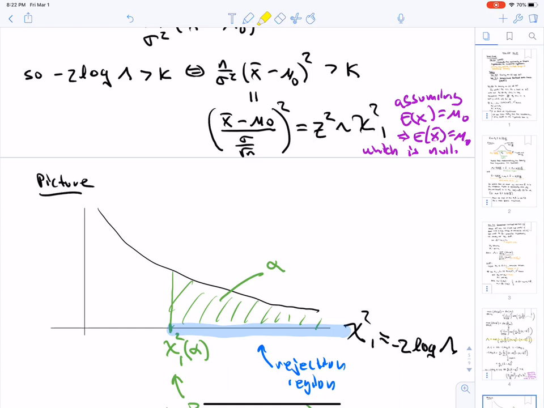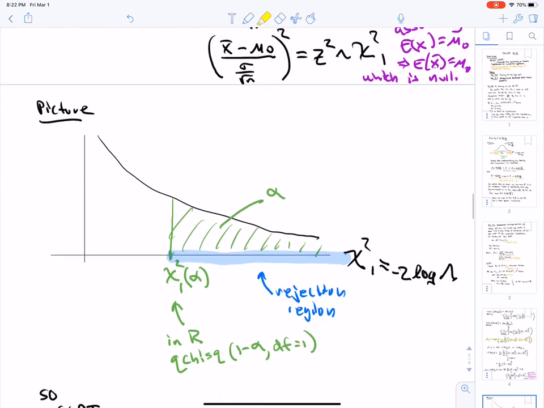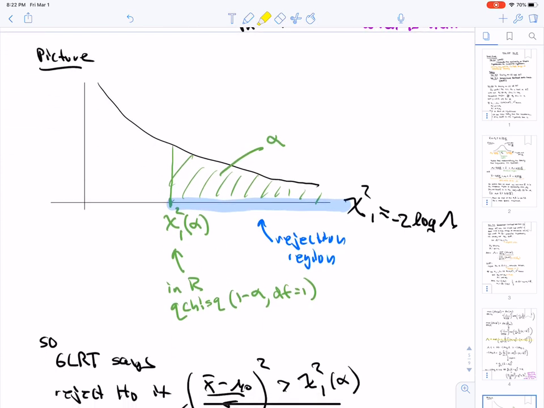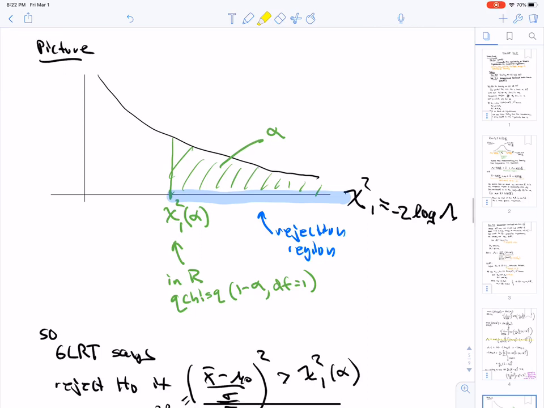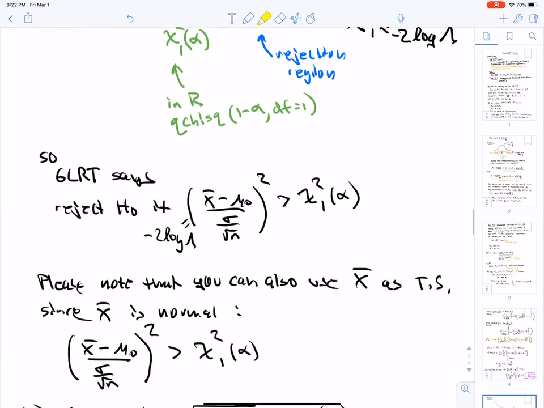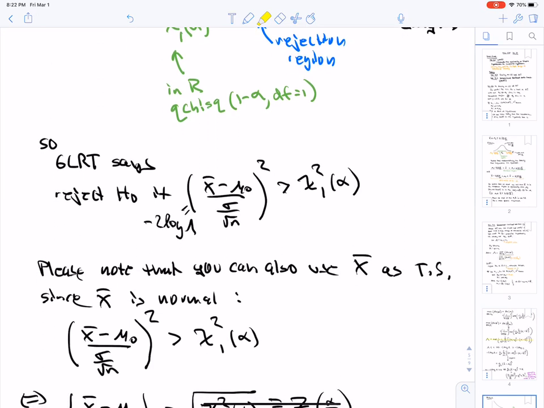So our cutoff here is chi squared with 1 degree of freedom alpha, or in R it's qchisq of 1 minus alpha, degrees of freedom equals 1. So the generalized likelihood ratio test says reject the null if minus 2 log lambda is greater than chi squared with 1 degree of freedom alpha.